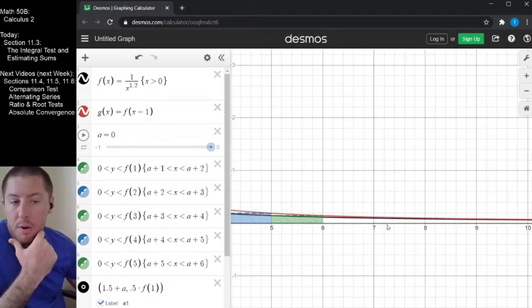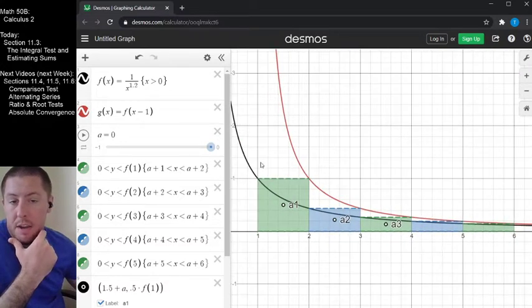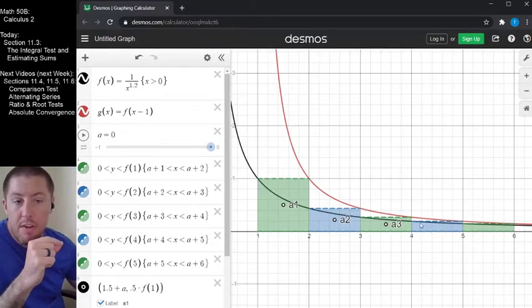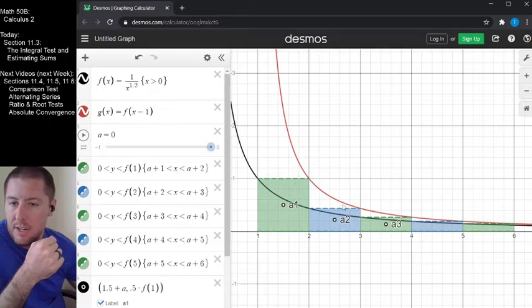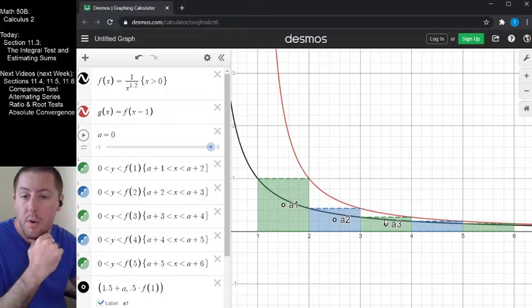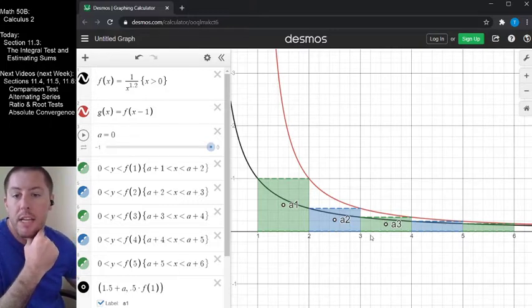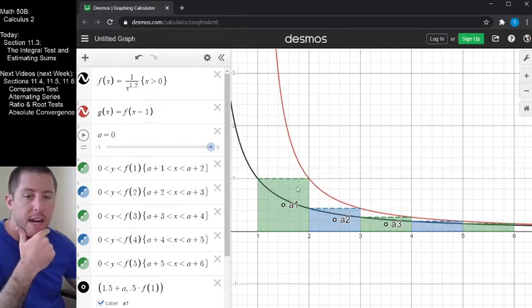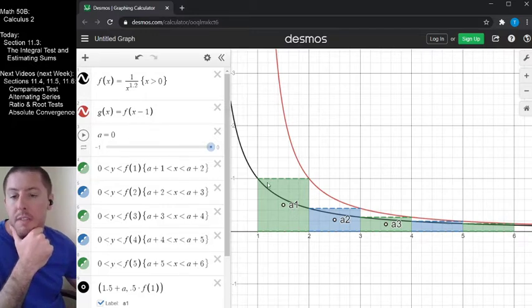Then, for all the remaining area that we're supposed to be accumulating out here, however much area is actually in the series, which remember is the area of the rectangles out here, it should be something between the area underneath the black curve and the area underneath the red curve, which are the integrals of the same function, just shifted over one step from one another. They just start accumulating their area one function value off from one another. So they're very closely related integrals, and I can see the true value of the series lives between these two integrals right here.